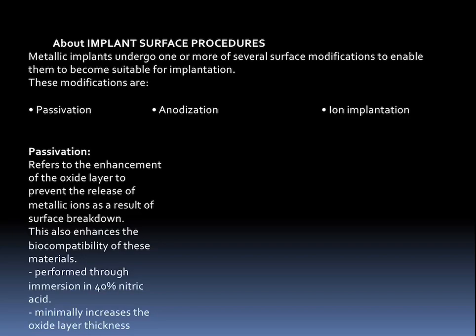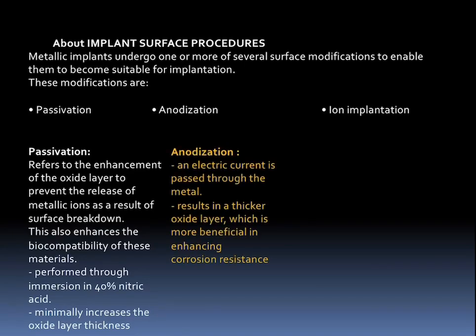Passivation refers to the enhancement of the oxide layer to prevent the release of metallic ions as a result of surface breakdown. This also enhances the biocompatibility of the materials, performed through immersion in 40% nitric acid. It minimally increases the oxide layer thickness on the implant.